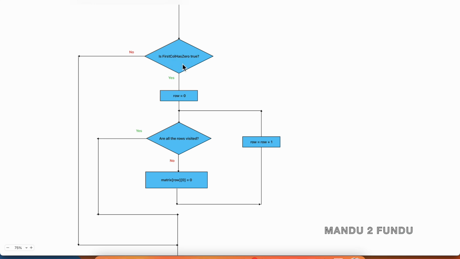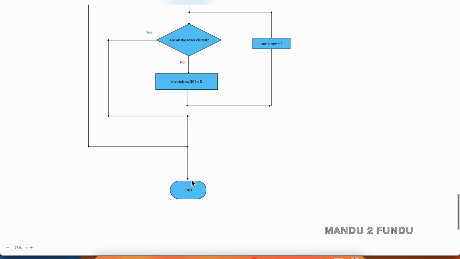If this is true, then we should zero out all the cells in the first column. So that's what this loop is doing. Starting from row 0, we mark the cell at column 0 to 0. So when we come out, we have the matrix with the relevant rows and columns set to 0.